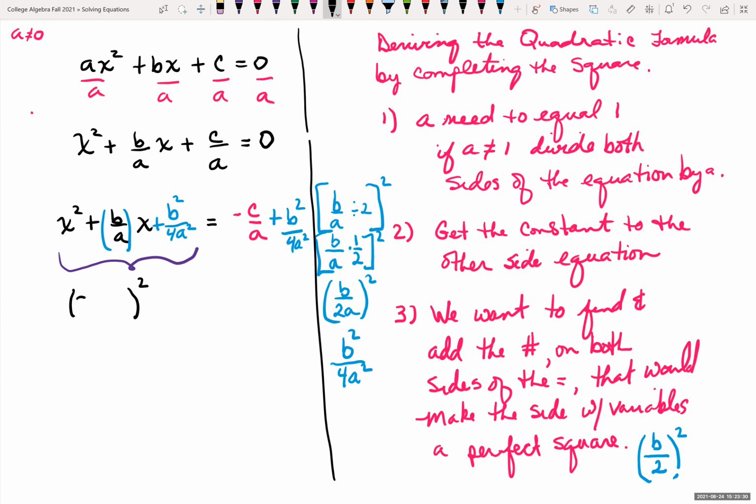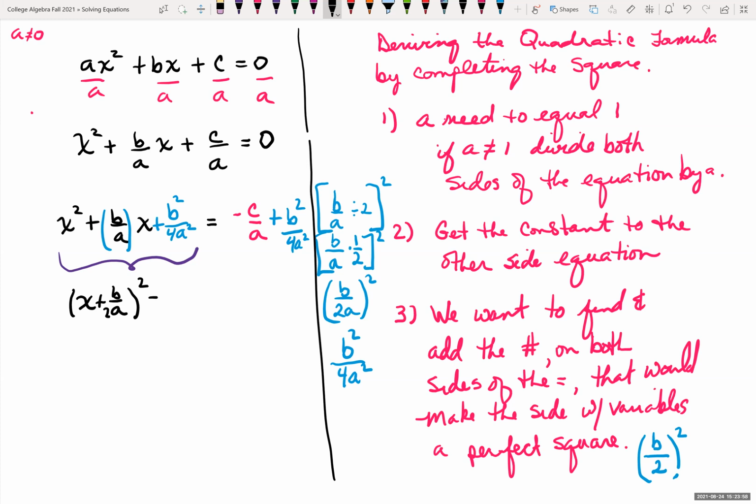And so it's x plus b over 2a quantity squared. And then if we square b over 2a times b over 2a, we get that constant here.